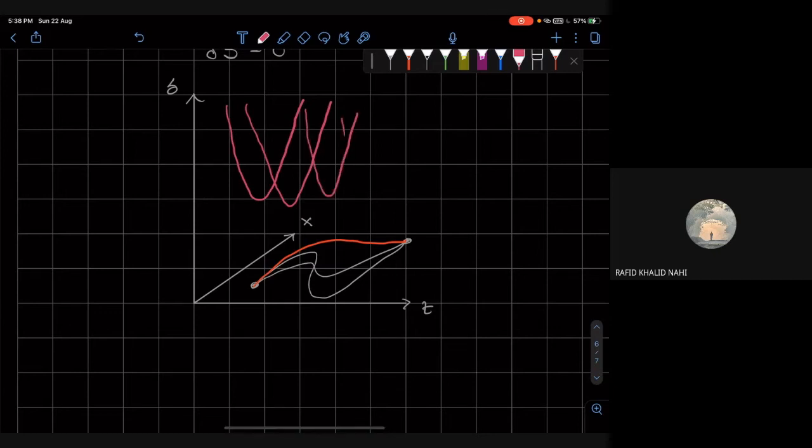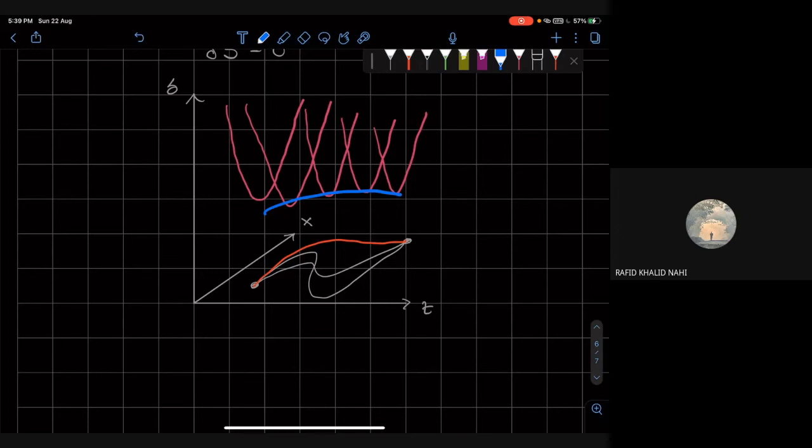Okay? So that if you now change from this physical path a tiny amount, this will not change. Okay? So this is what it means for the action to be stationary.